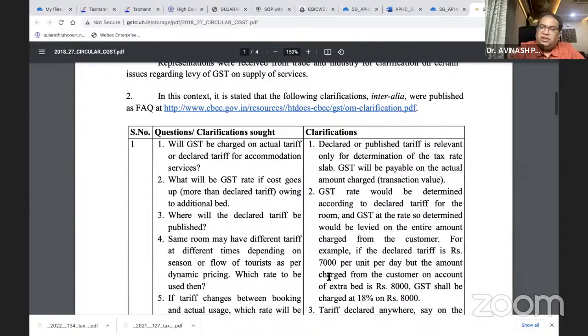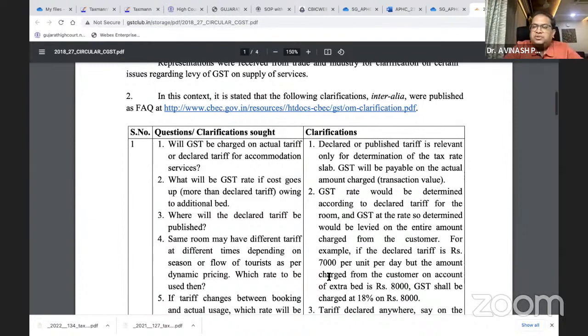See, determination of the rate of tax which is applicable is one thing, and the applicability of GST is another thing, because we have dealt with and tried to understand that in GST, the transaction value is the value on which the GST has to be paid. So say, for example, if my declared tariff is, let's say, 8,000 rupees, and after discount it comes to 6,000 rupees or 5,000 rupees, less than 7,500.